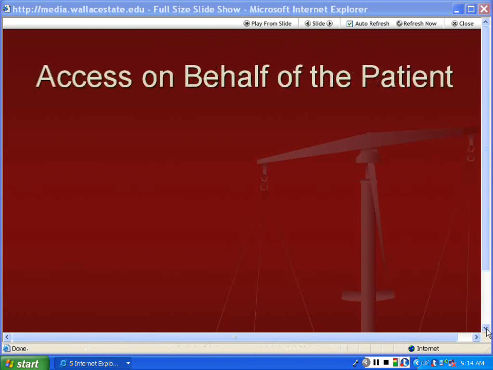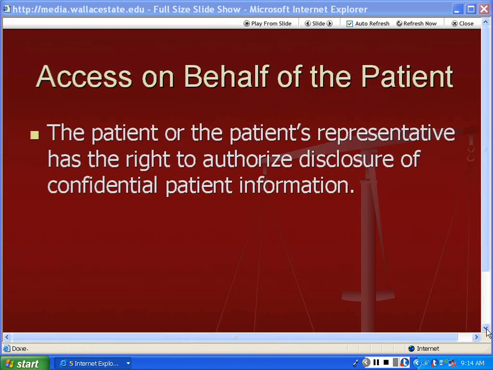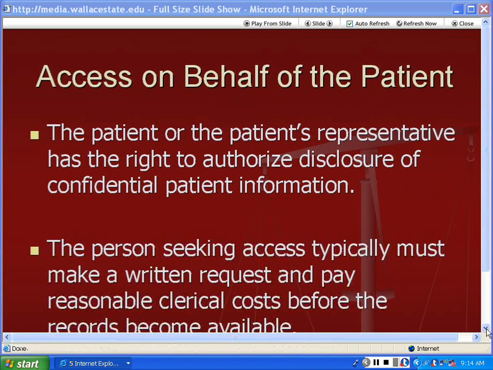Now, access on behalf of the patient. So not patient access, but on behalf of the patient. The patient or the patient's representative has the right to authorize disclosure of confidential patient information to others, to third parties. Now, the person who is seeking access to the information must typically make a written request and also pay a fee before the records become available. And this is with patient authorization.